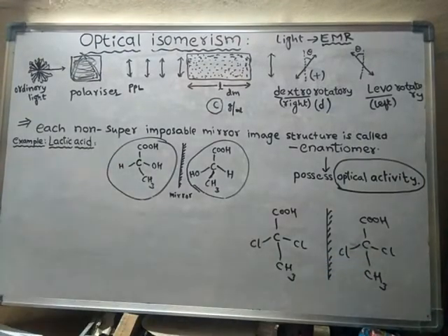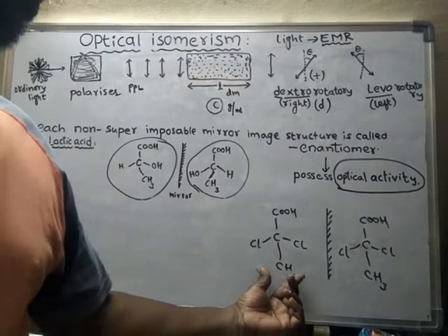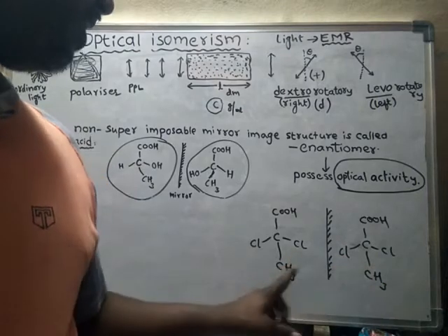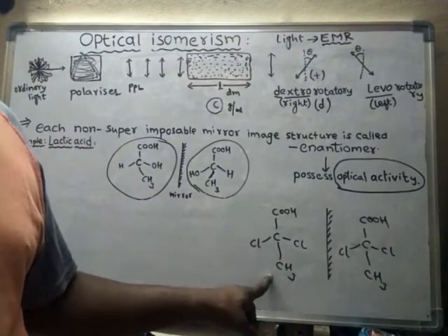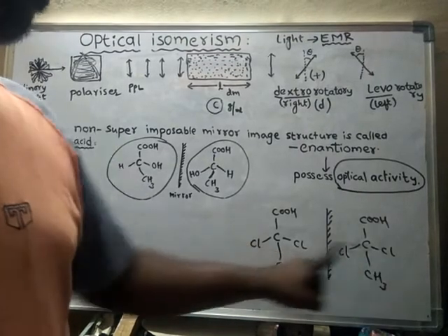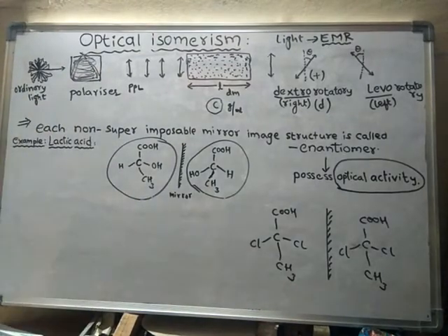These two are mirror images. This compound will appear like this in the mirror, and this compound will appear like this in the mirror. So now these two are said to be mirror images of each other.